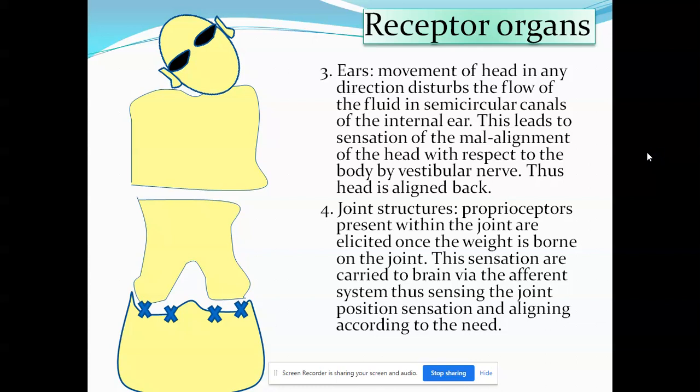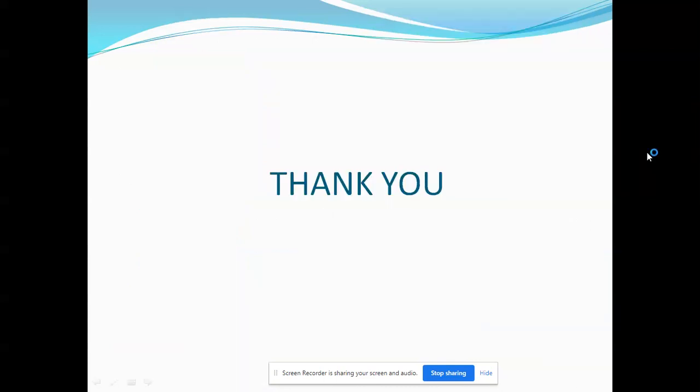That is nothing but joint position sensation. When the brain gets to know that my knee is in flexion when it has to be in extension, the brain sends back the signal telling the knee musculature to extend and align accordingly, whatever is needed.